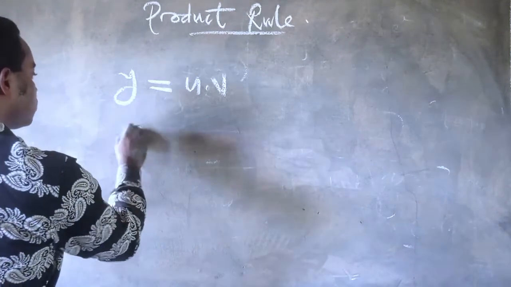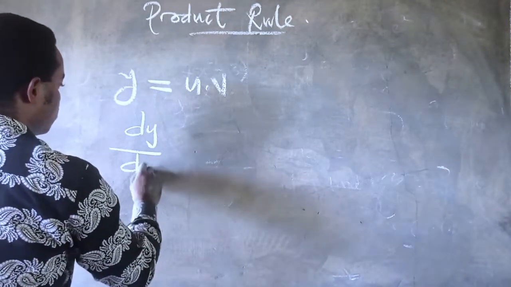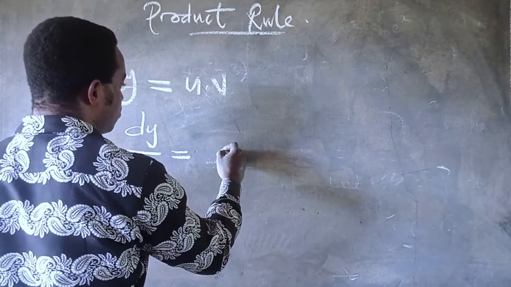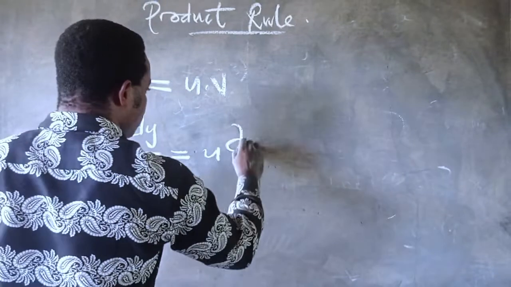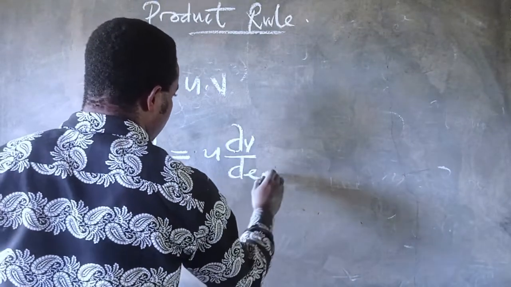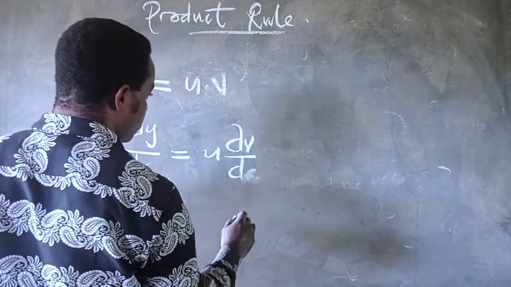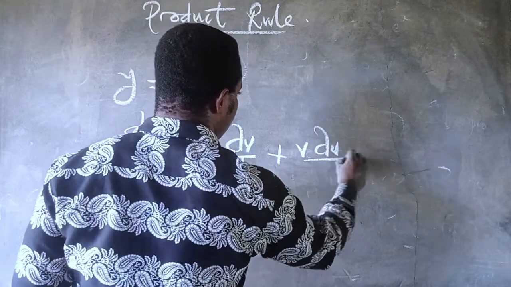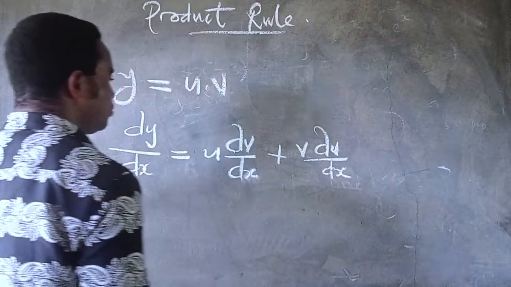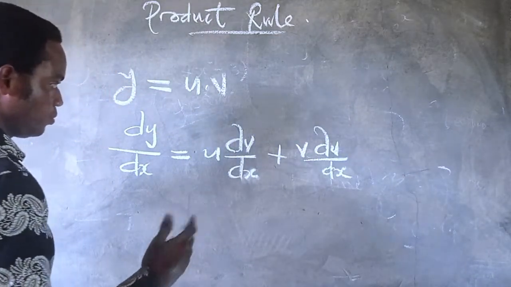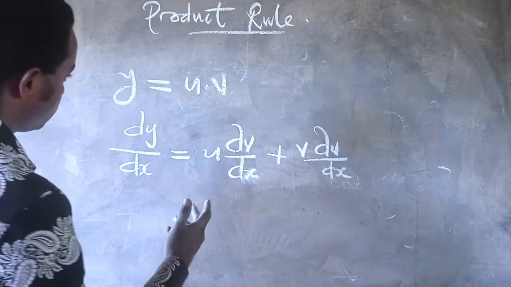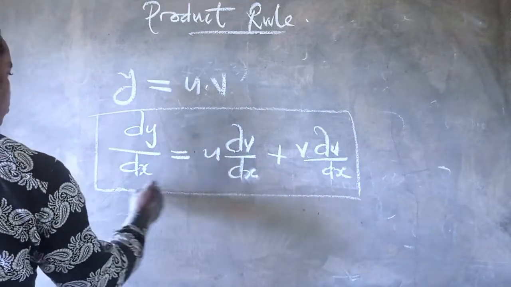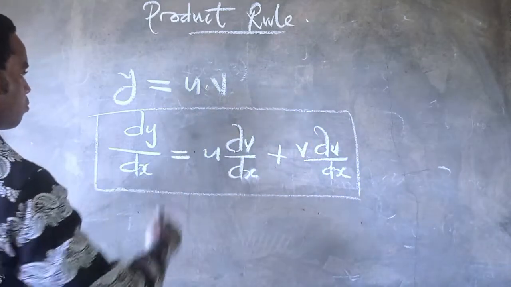So when we encounter problems of this type, dy/dx will be solved by this formula: u dv/dx, u multiplied by the differential of v with respect to x, plus v multiplied by the differential of u with respect to x, du/dx. So u dv/dx plus v du/dx. So please, you should keep this formula at heart as well.